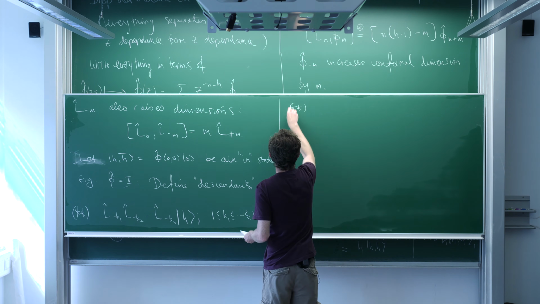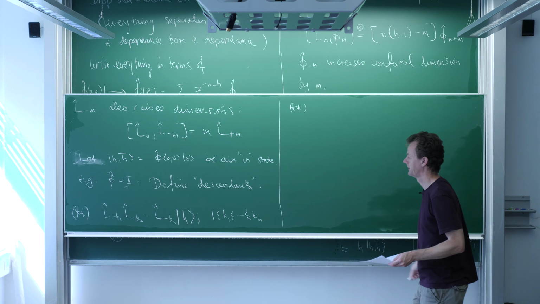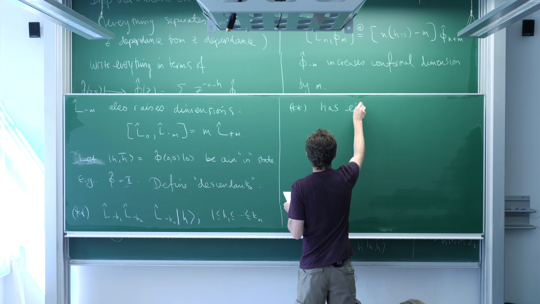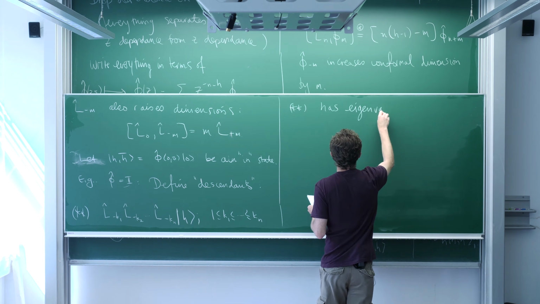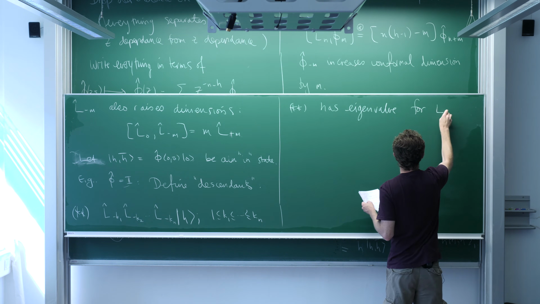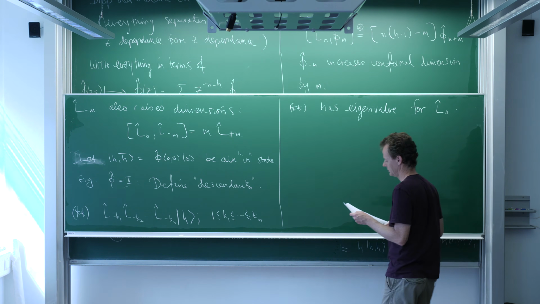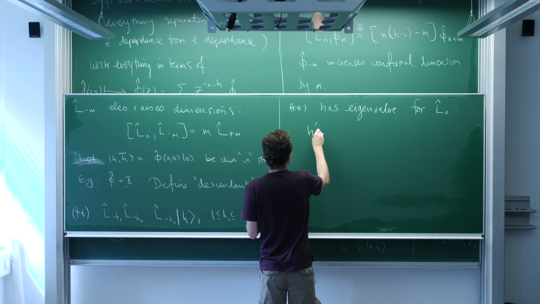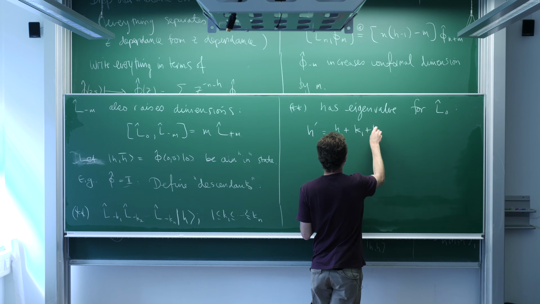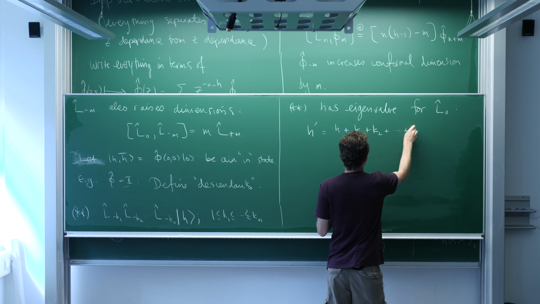So this descendant state there is an energy eigenvector for our Hamiltonian, just by using the commutation relations. And the eigenvalue is just H plus all these K's.